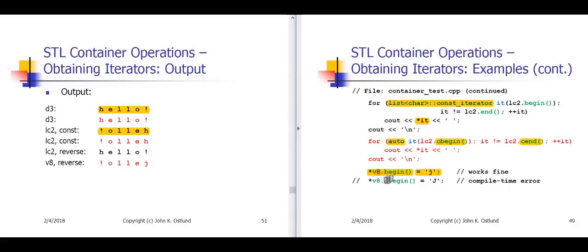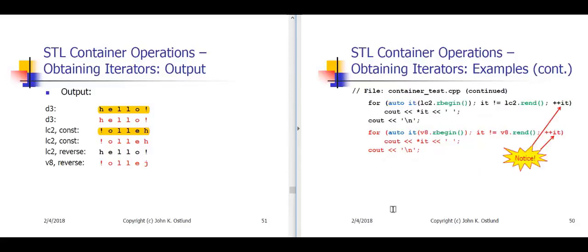Now, if I attempted to do this with cbegin, this would fail, because cbegin gives me back a const iterator, and I cannot modify what a const iterator is, quote, pointing to, unquote.